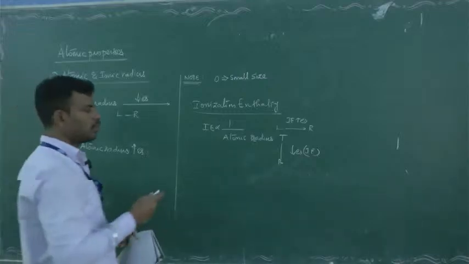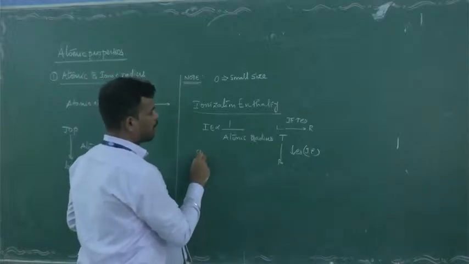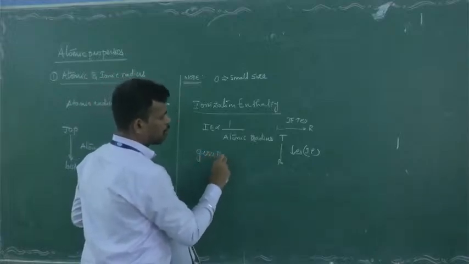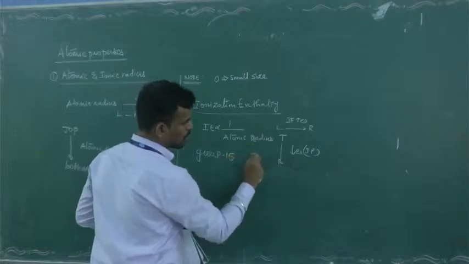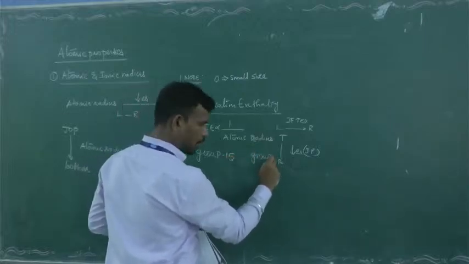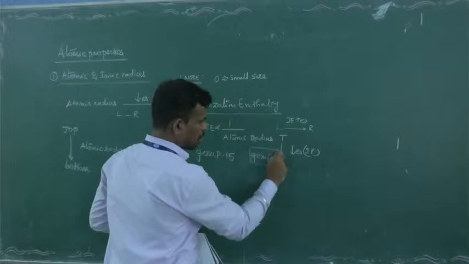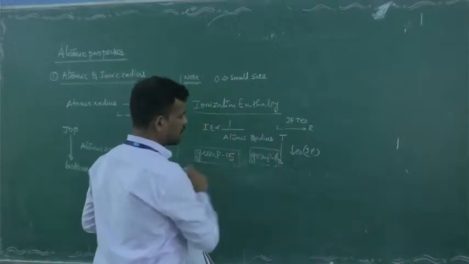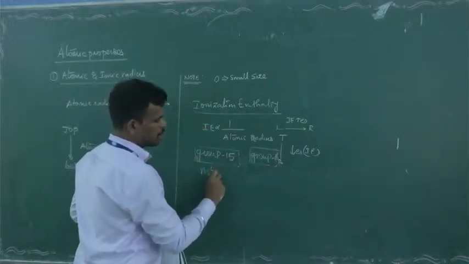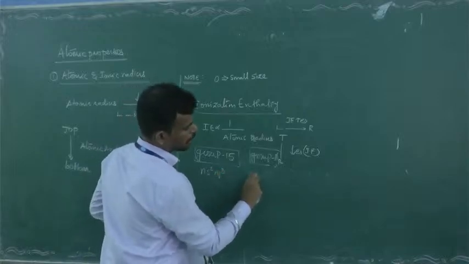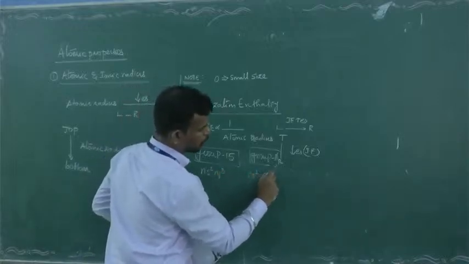Is it clear? Now, suppose we compare group 15 and group 16, which I have already discussed. That means ns2 np3 and ns2 np4. Which has more ionization energy?